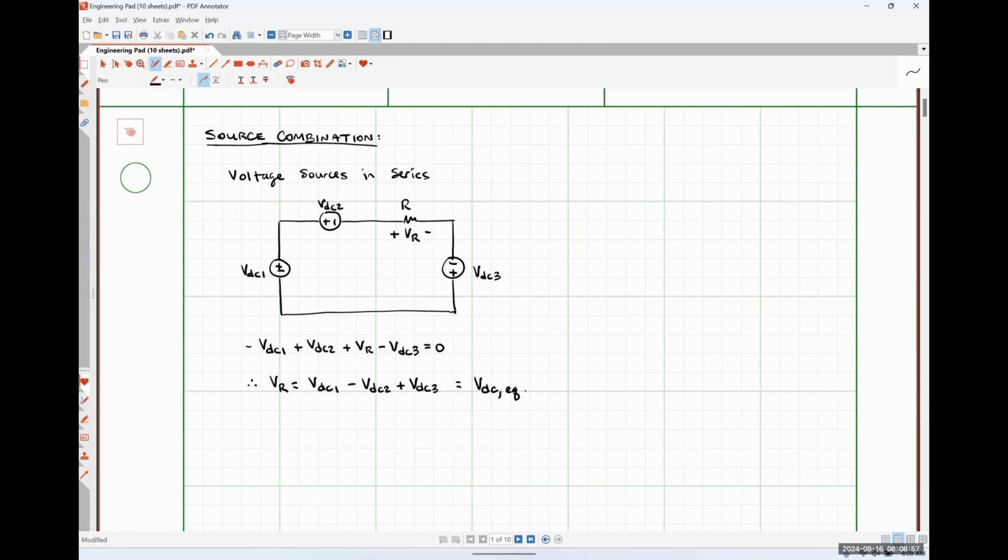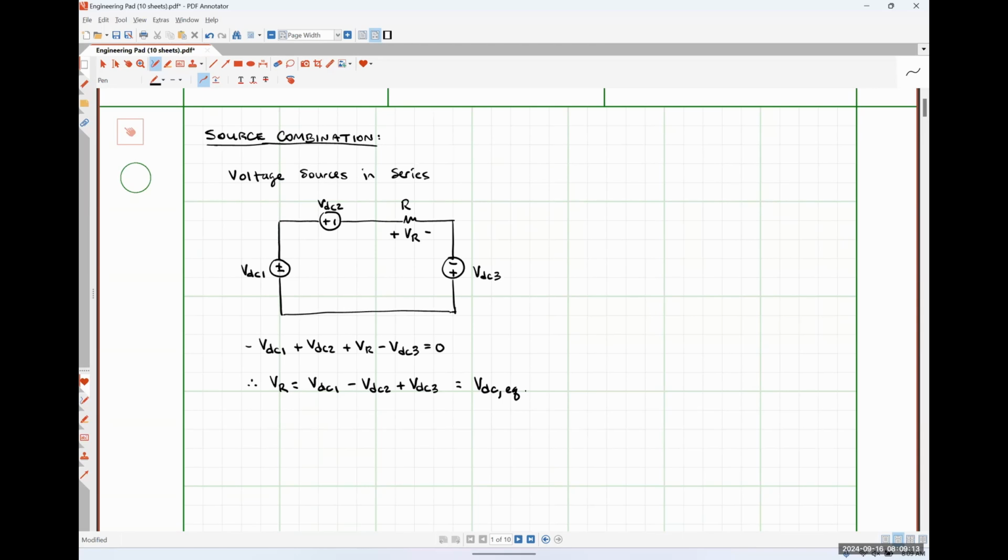And all of the voltage sources where the current hits the positive polarity terminal first are added, and all of the voltage sources where the current hits the negative polarity terminal first are subtracted, or something like that. That's how I'm looking at polarities.